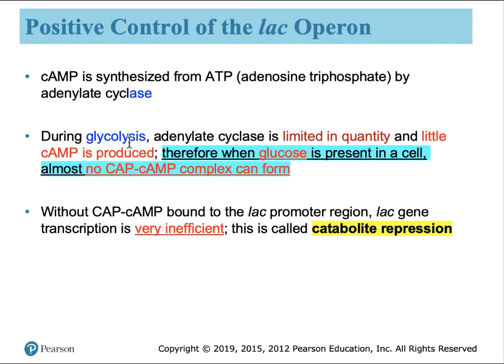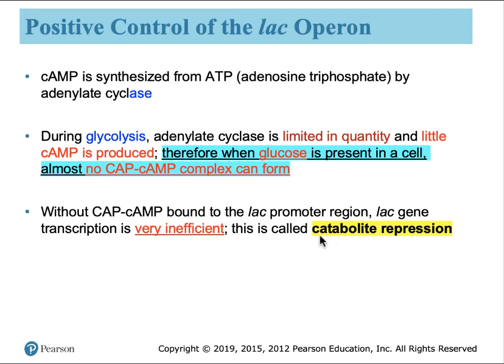When glucose is present inside the cytoplasm, the CAP-cyclic AMP complex does not form because there's not enough cyclic AMP to combine with CAP. Therefore, there's no assistance provided to the RNA polymerase, and there's only basal levels of transcription.